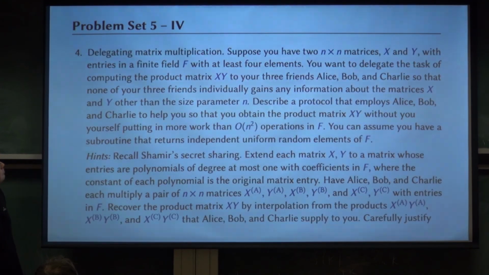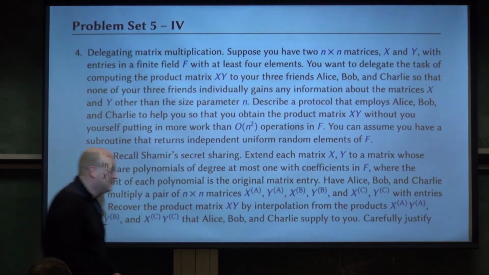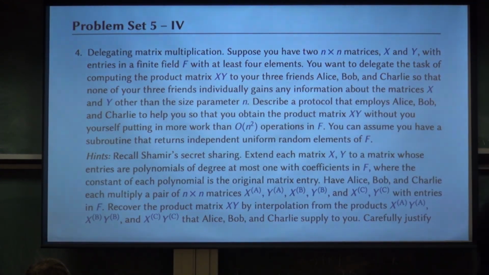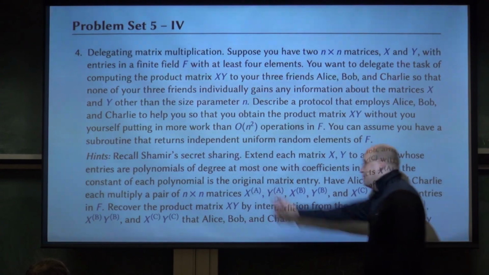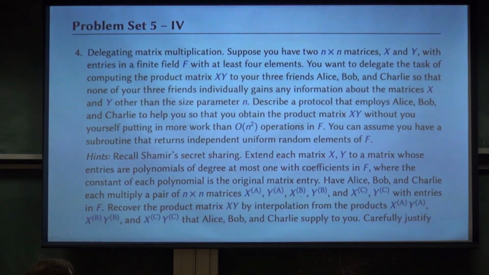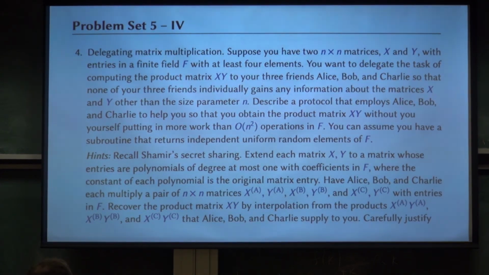And then there's a fourth problem, where we study, for example, how to do delegation to multiple parties. But I leave that as something you may want to study for yourself, a bit of an extension of Shamir's secret sharing, but maybe of interest. It's a nice little brain twister.